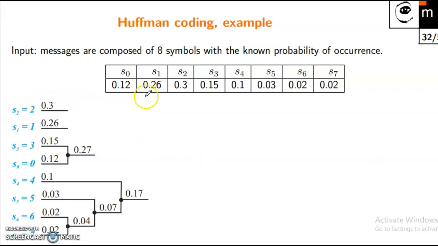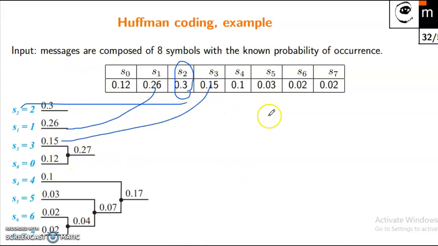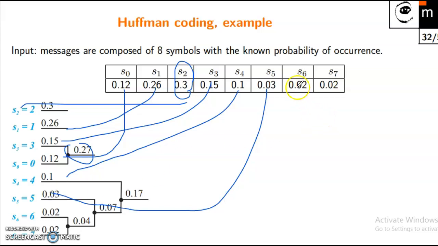Here S3 is 0.15, S1 is 0.26, S0 is 0.12, S4 is 0.1, S5 is 0.03, and 0.02. Add this with this, then add with this, then 0.17 is available.